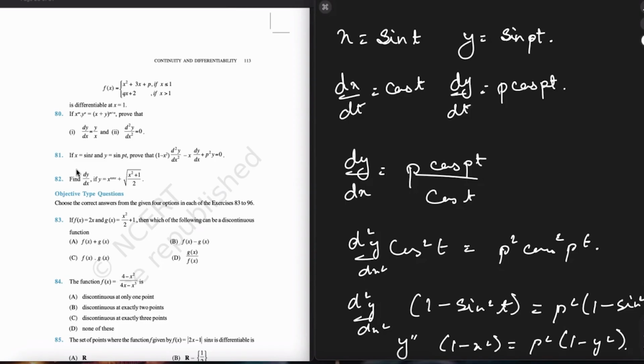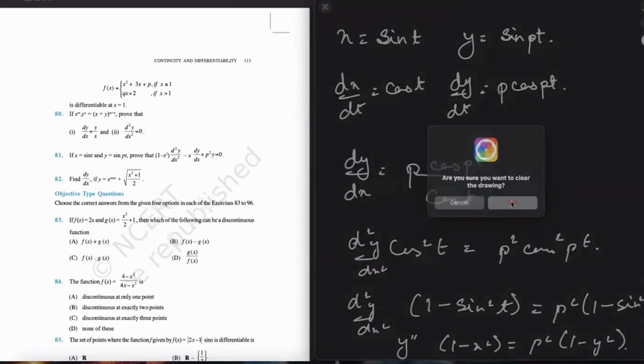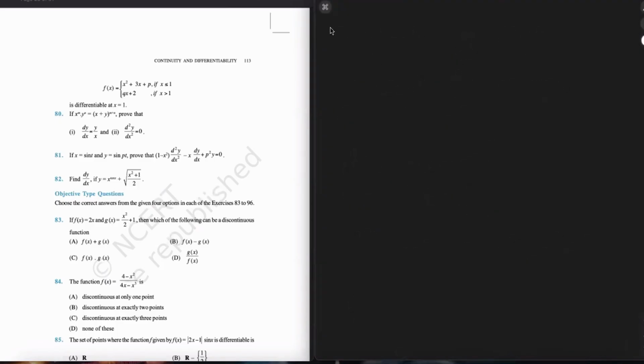Now I think we have to differentiate with respect to x as well. See, we reached till here. y double dash (1 minus x square) is equal to p square (1 minus y square). So 2 y dash y double dash. It was y dash whole square.